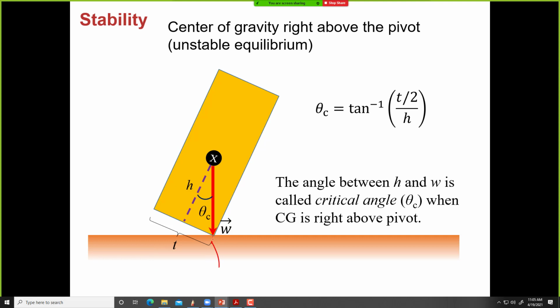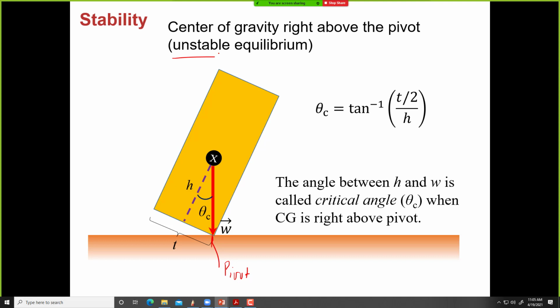That's the pivot. And as long as you don't disturb the object, it will stay as it is. So this is still equilibrium, but it's called unstable equilibrium. Unstable because if you even slightly disturb this object, it can become unstable. It can topple to the right.